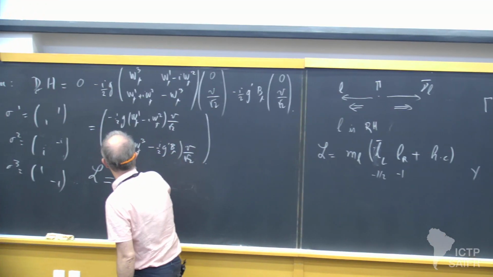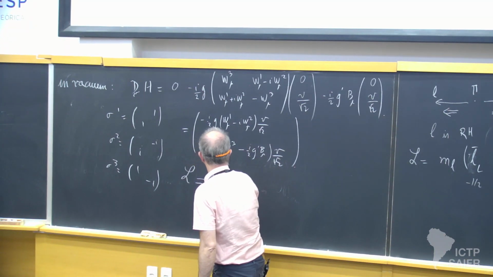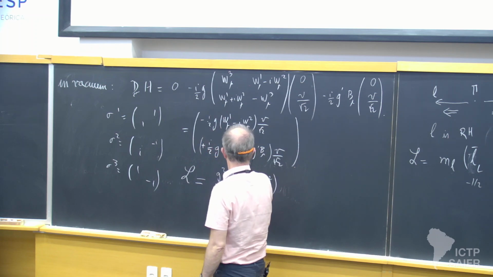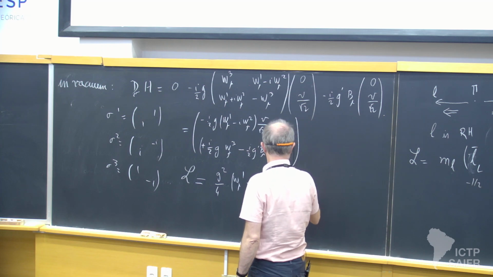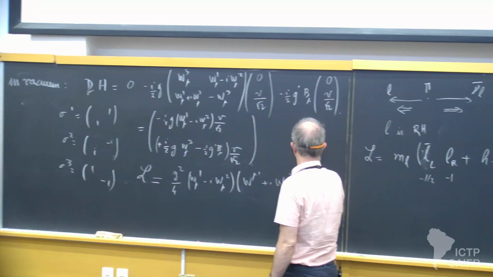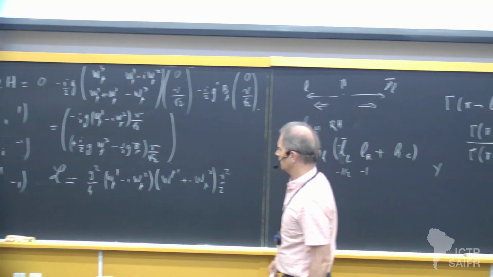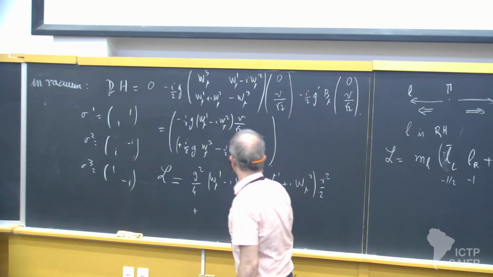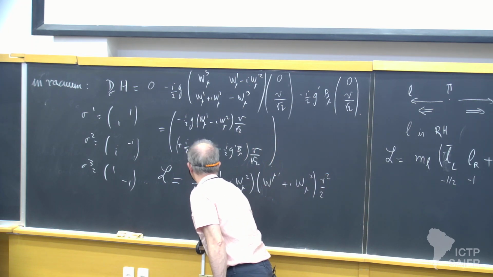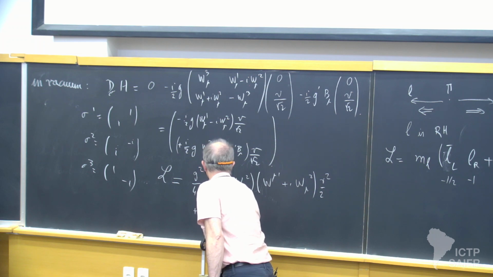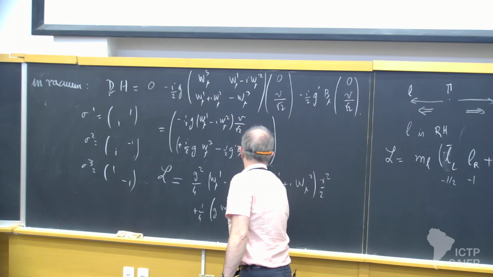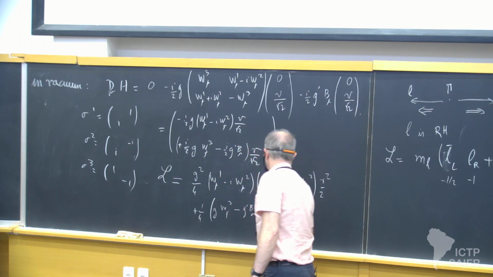So it will be G squared divided by 4, W mu 1 minus I W mu 2 times W mu 1 plus I W mu 2 times V squared over 2, plus 1/4 G W mu 3 minus G prime B mu squared V squared divided by 2.